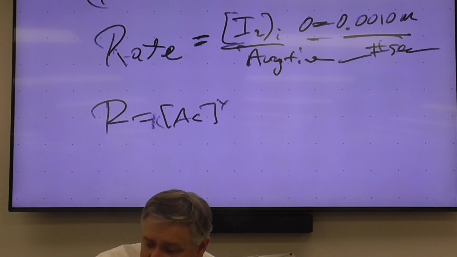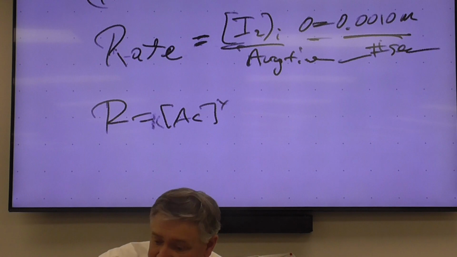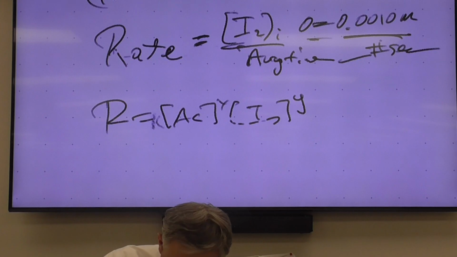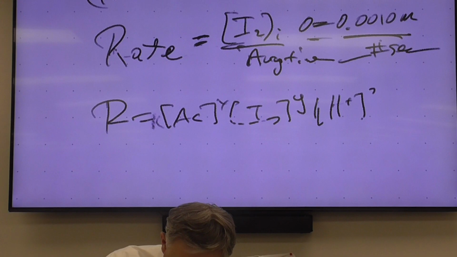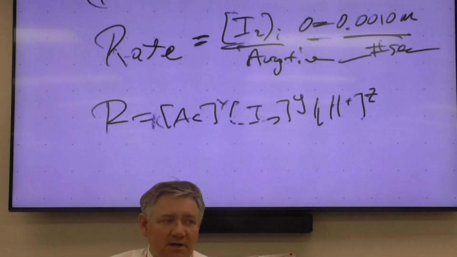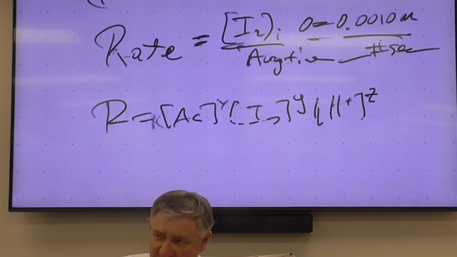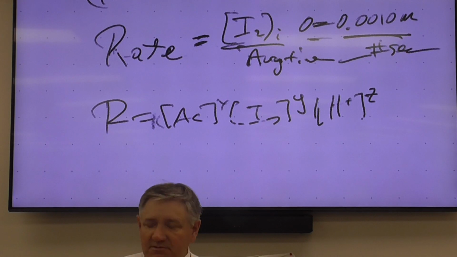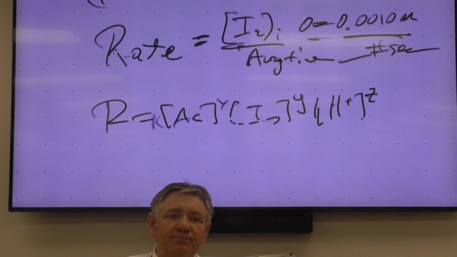Up there, in the middle of page 4, you've got acetone to the X, iodine to the Y, and hydronium ions to the Z power. You can't do this until you get all your data, which you can't do until tomorrow, so no, you don't have any homework tomorrow.